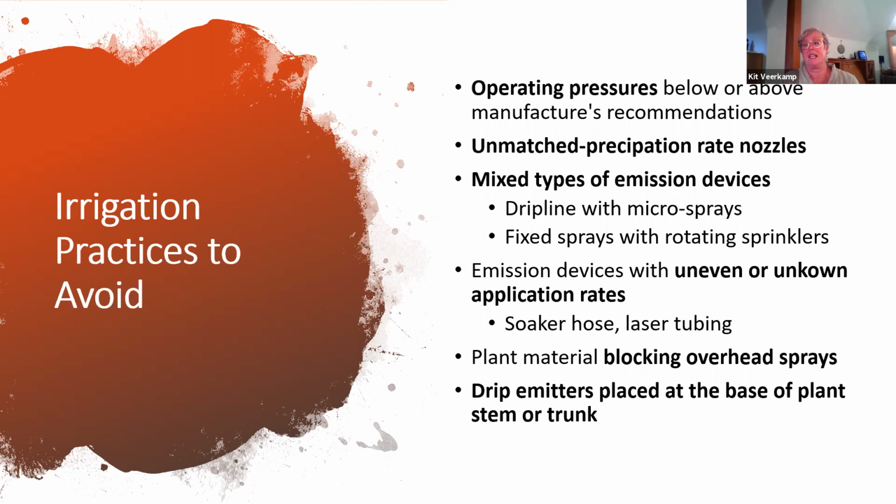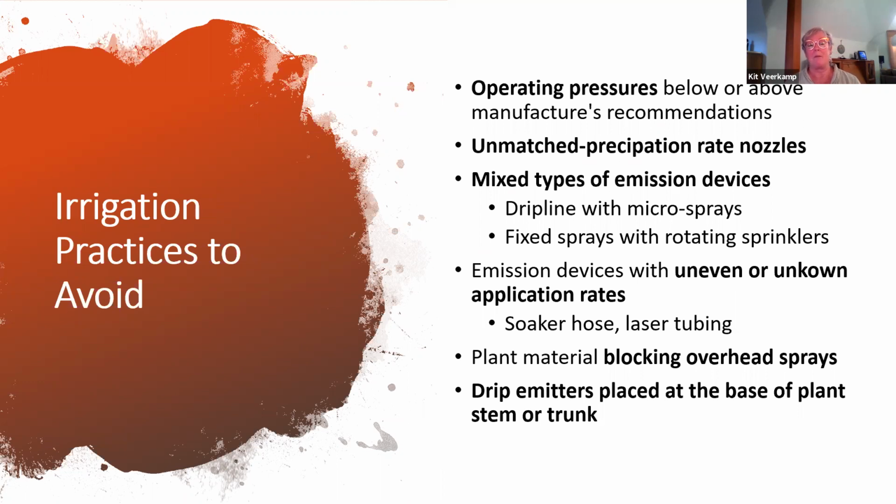One of the biggest things you see with sprinkler systems are unmatched precipitation rates. Sure enough, you'll have that nozzle that goes out and needs replacing, and you run down to the store, you don't remember what you've had, or husband picks up another nozzle, or your maintenance person has got a whole truck full of them and just sticks on whatever works in order to make the system work again.